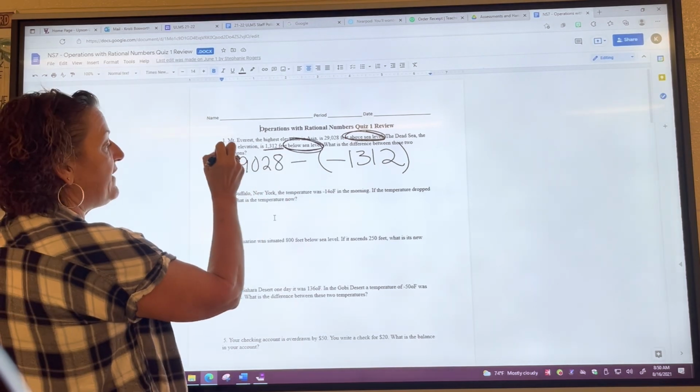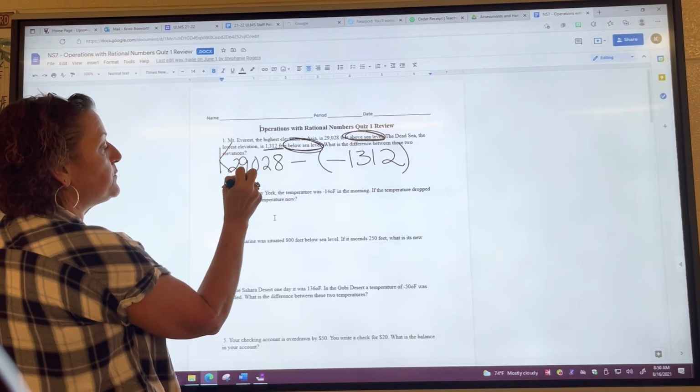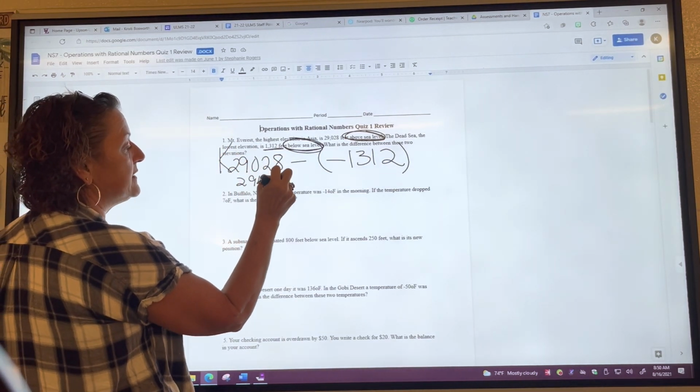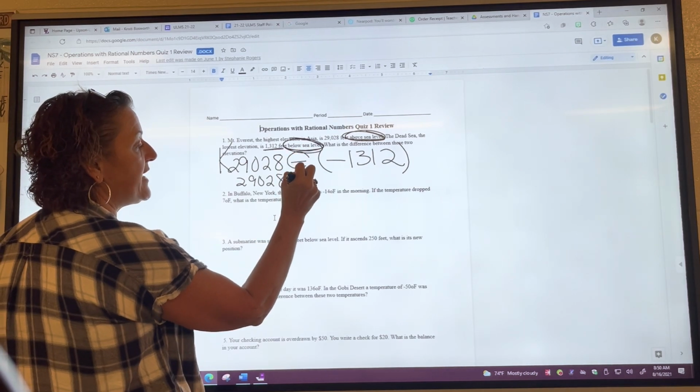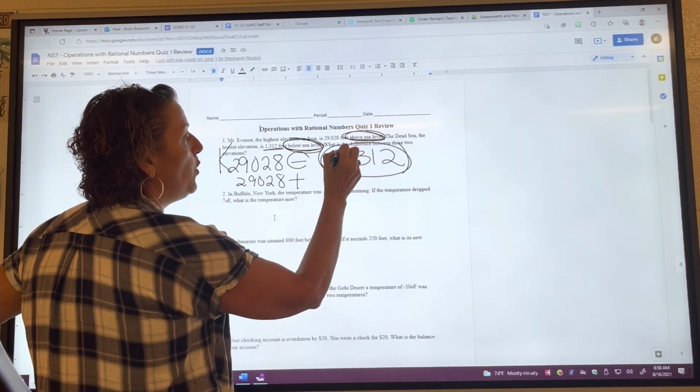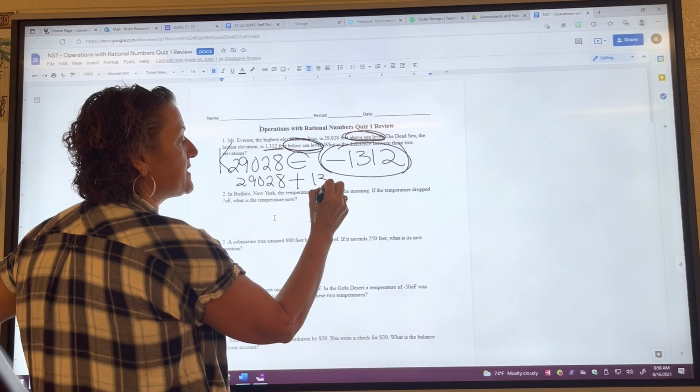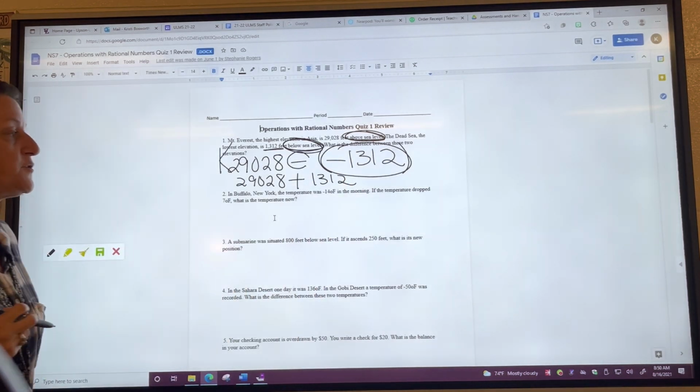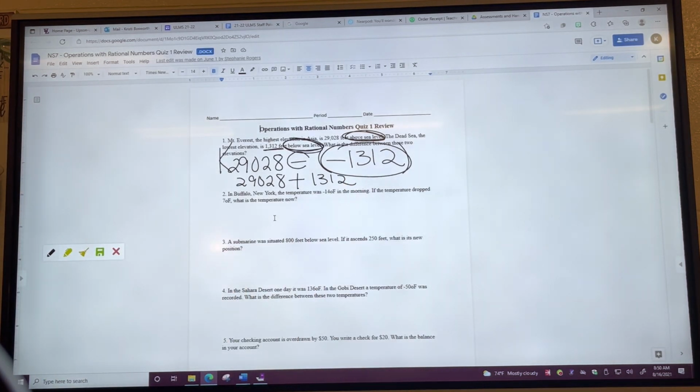So, we've got to K, keep 29,028. C, change that to addition. O, make that the opposite. So what are we actually doing?